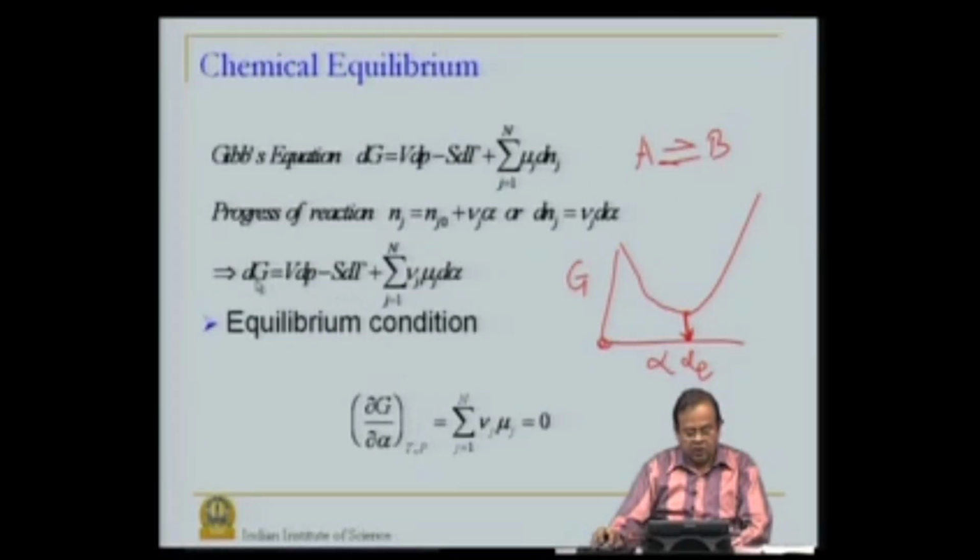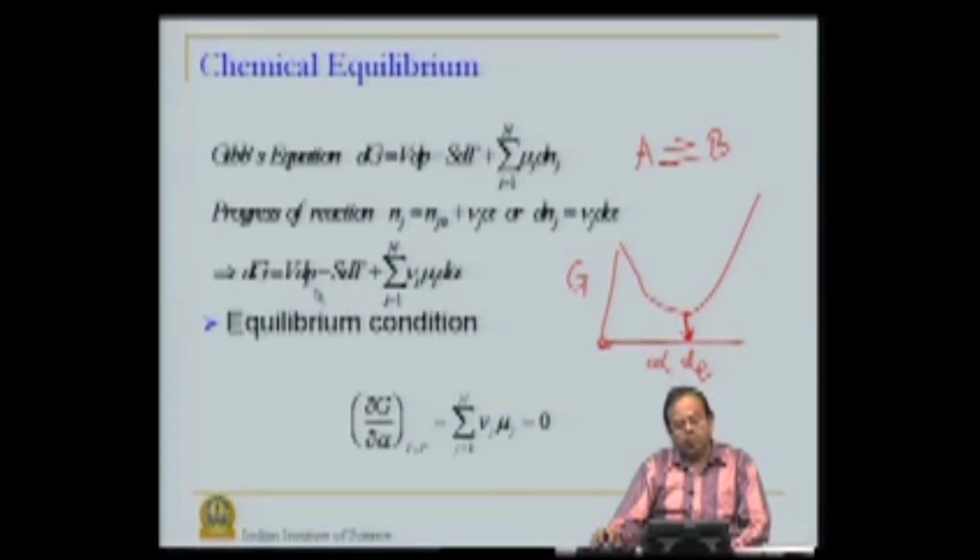Taking the derivative by maintaining pressure and temperature constant, we get the condition that the summation of nu_j mu_j over all species j equal to 1 to n must be 0, and this is my condition of equilibrium.